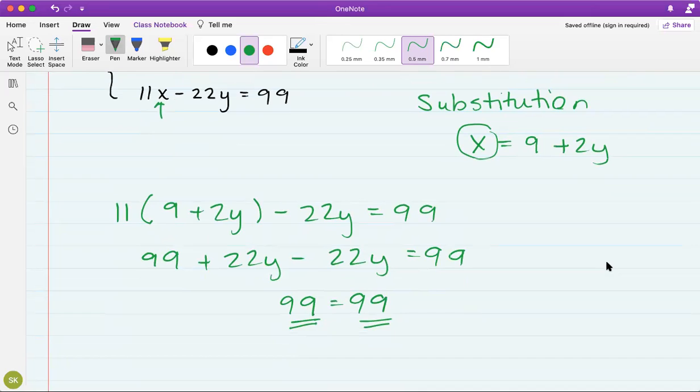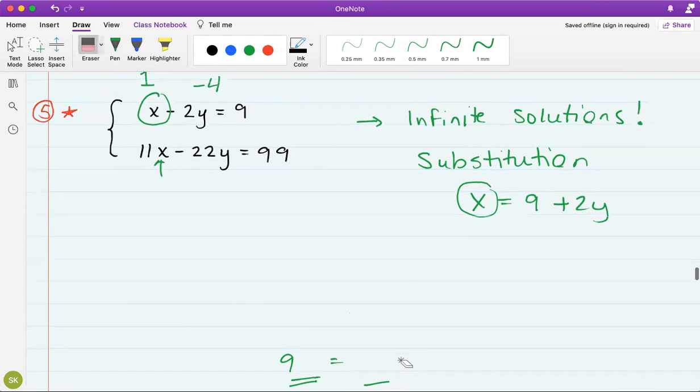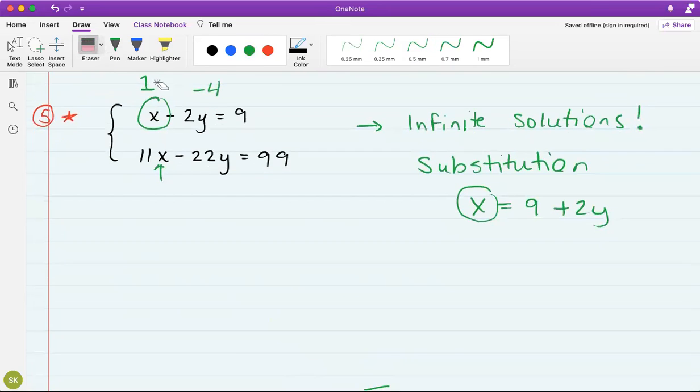What's going to happen with substitution and what's going to happen with elimination, I'll show you with elimination as well. You're going to get that a number is equal to another number, and those two numbers have to be the same. So for elimination, let's erase this. Let's go back to this original equation here.